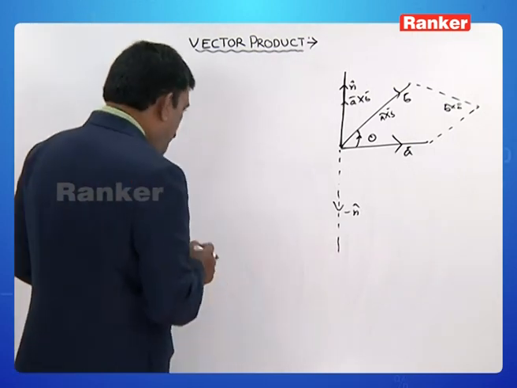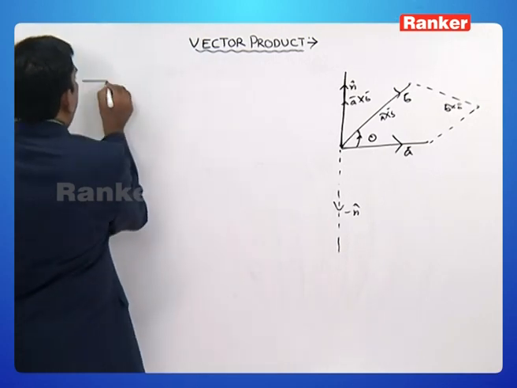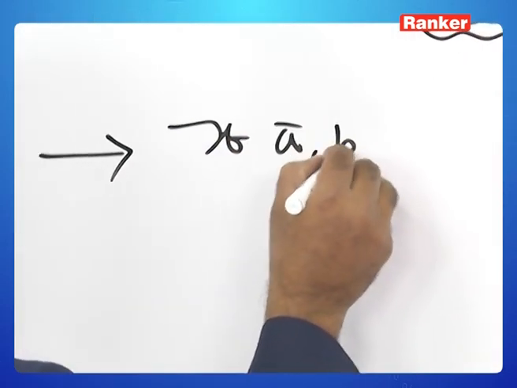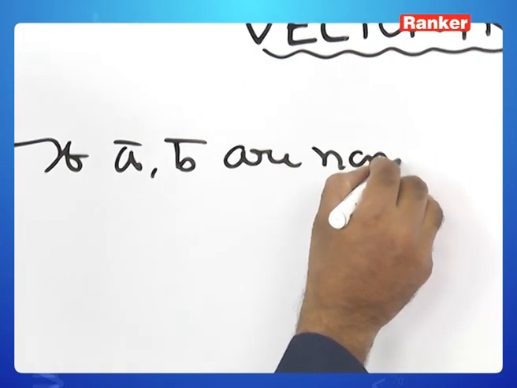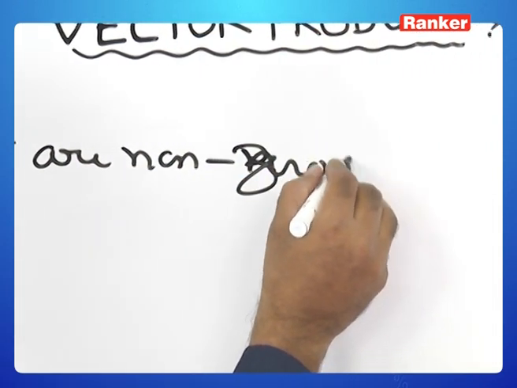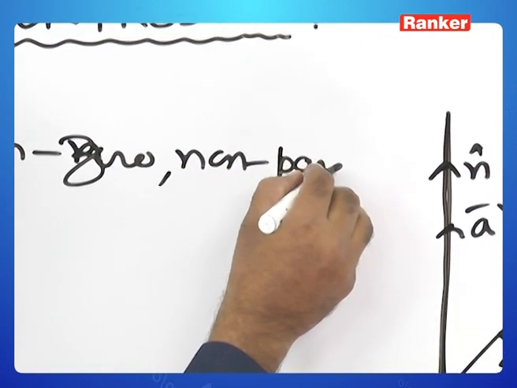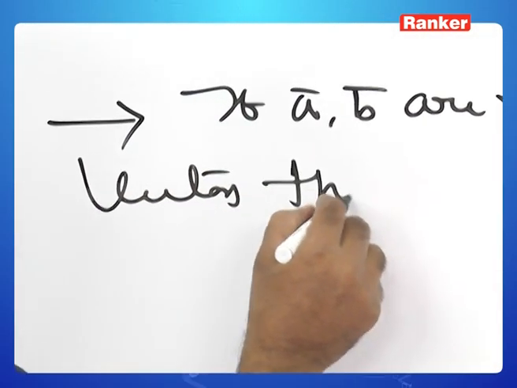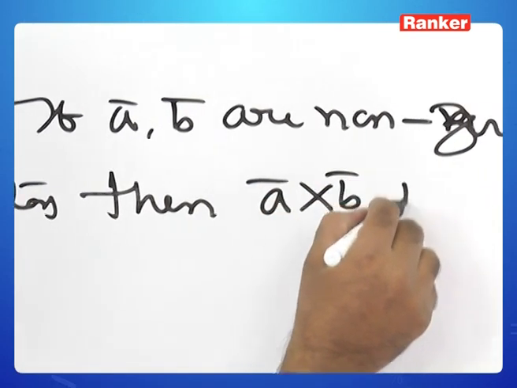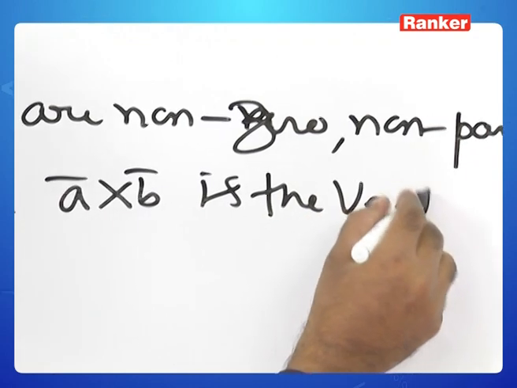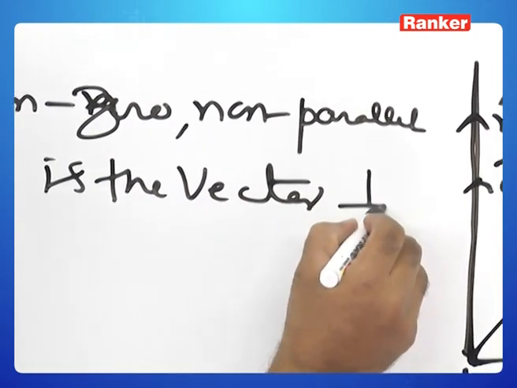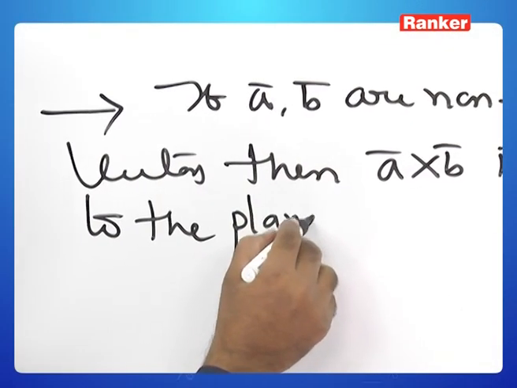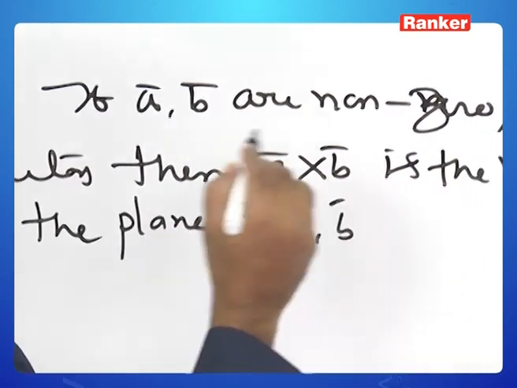Now the very first point we have to notice from this figure is, if A bar, B bar are non-zero, non-parallel vectors, then A bar cross B bar is the vector perpendicular to the plane of A bar, B bar.